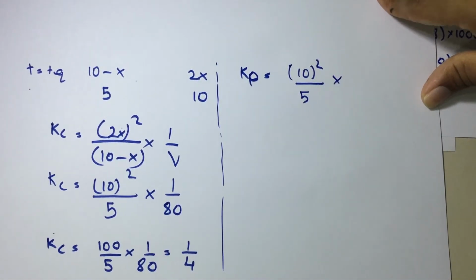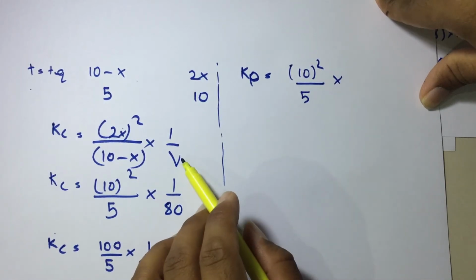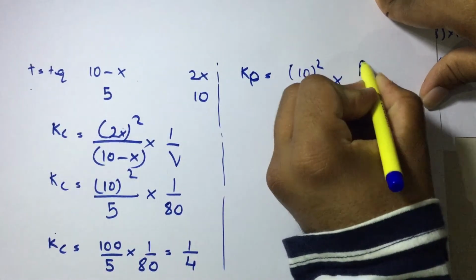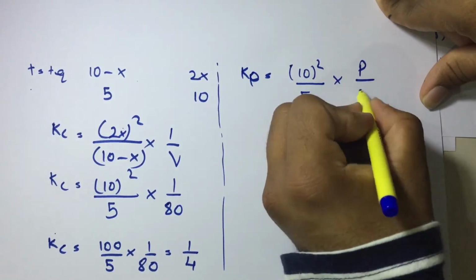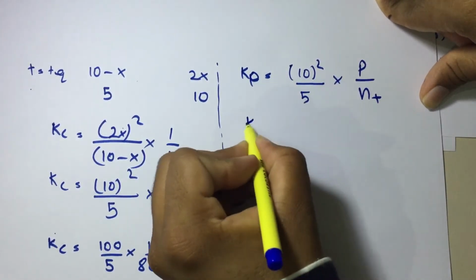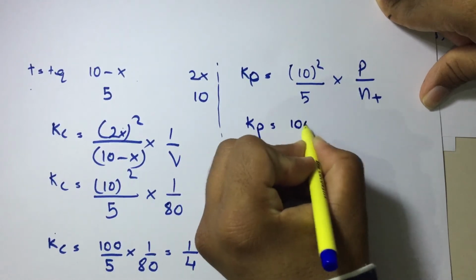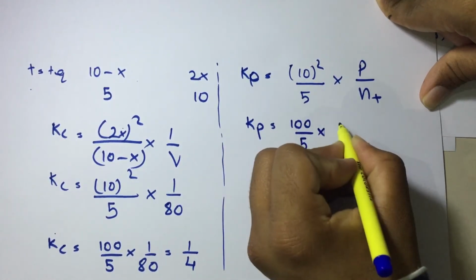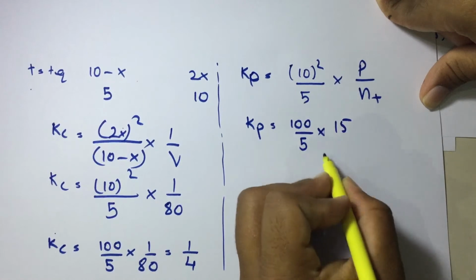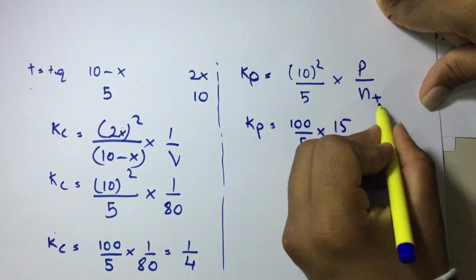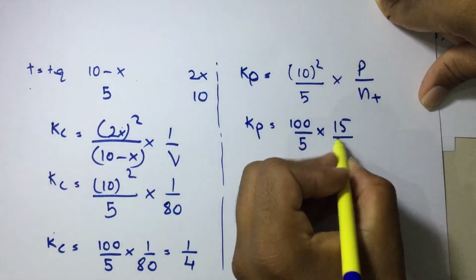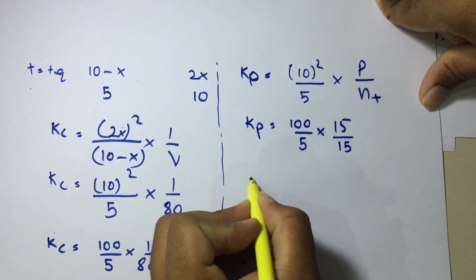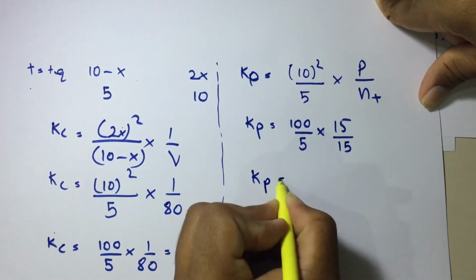We know that in Kp we multiply pressure on the opposite side of volume, and on the opposite side of pressure we multiply the total number of moles, Nt. Now put the values: 100 divided by 5, total pressure is 15, which was given in the question, and total number of moles, which we calculated from PV equals RT, is also 15. So Kp is 20.